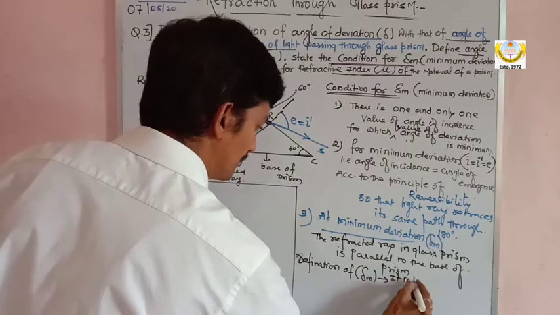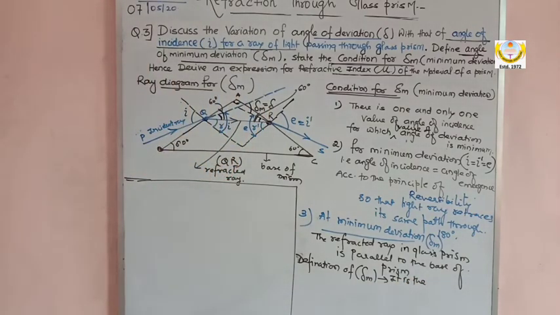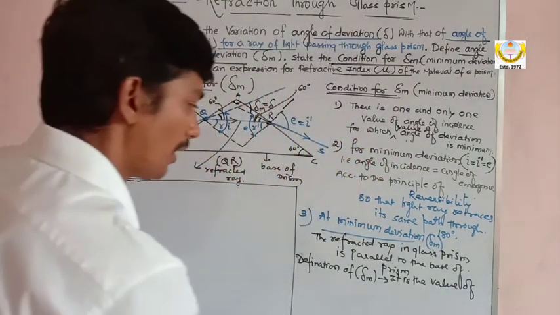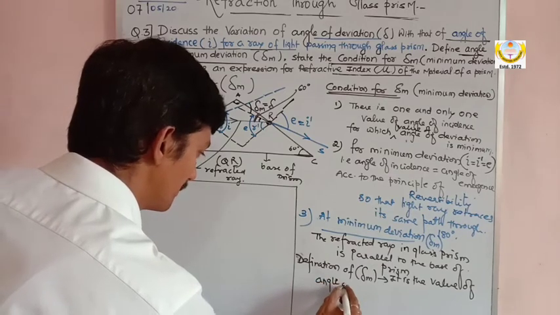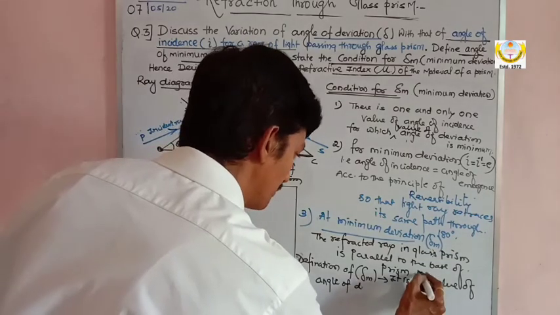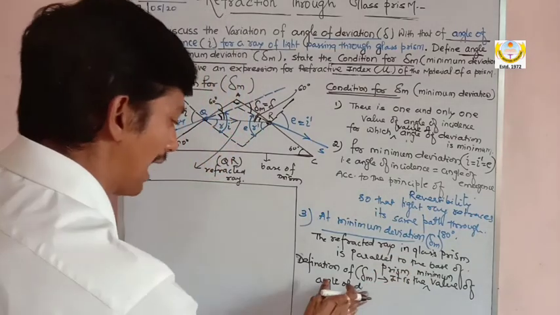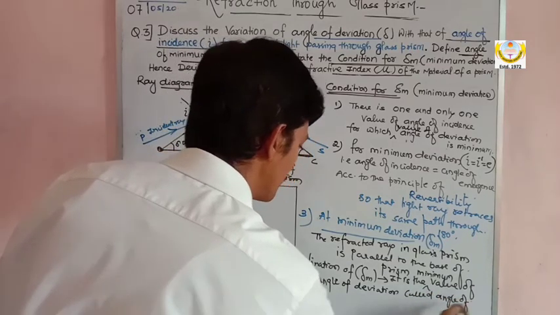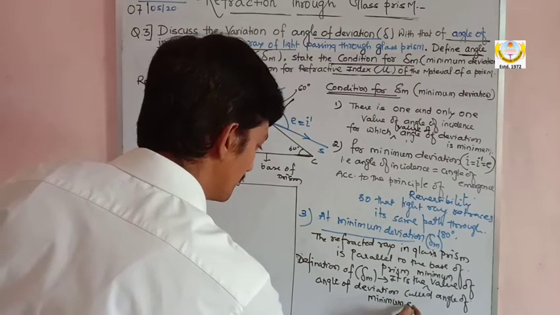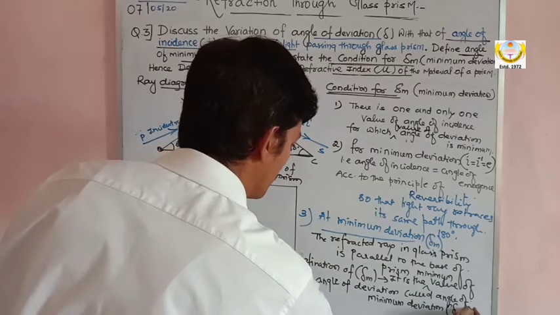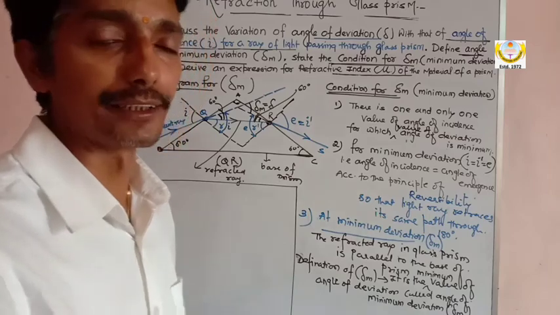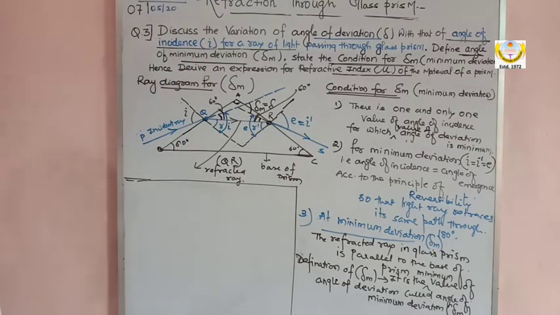It is the minimum value of the angle of deviation, called the angle of minimum deviation, and it is denoted by delta m. Now let's go to the topic of refractive index, my dear.